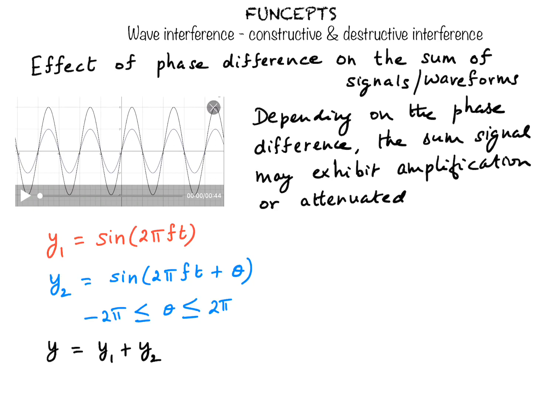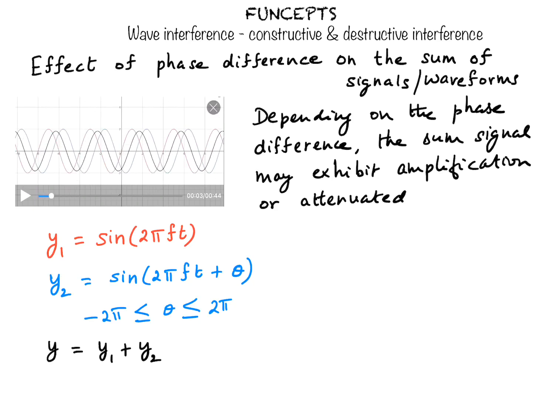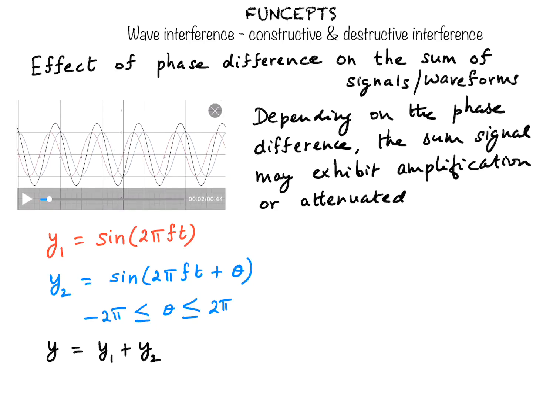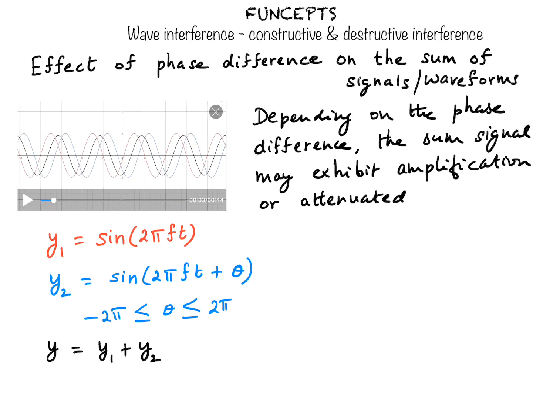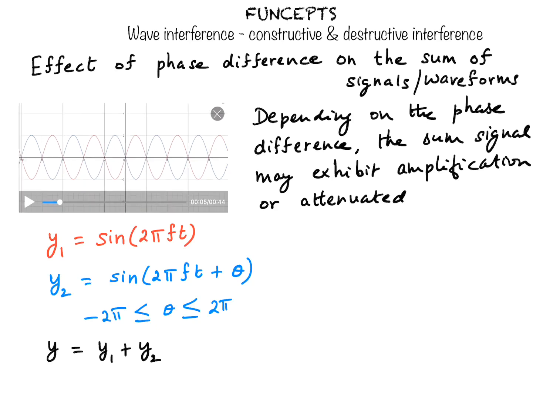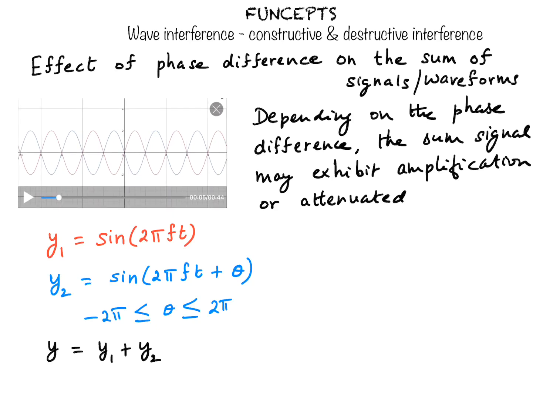As we start to shift the phase of the blue waveform, the amplitude of the sum becomes smaller and smaller, and at one point it becomes smaller than the original waveforms. At this point, the sum waveform is completely cancelled out.